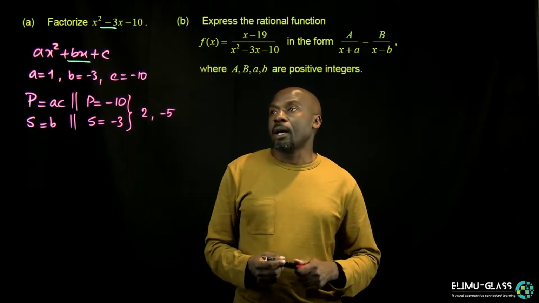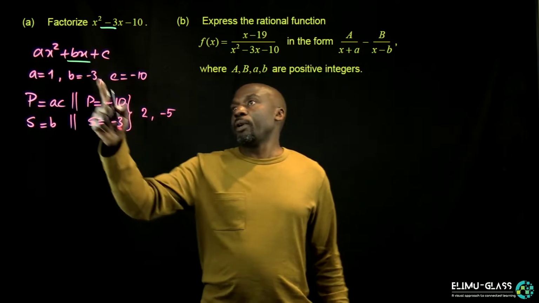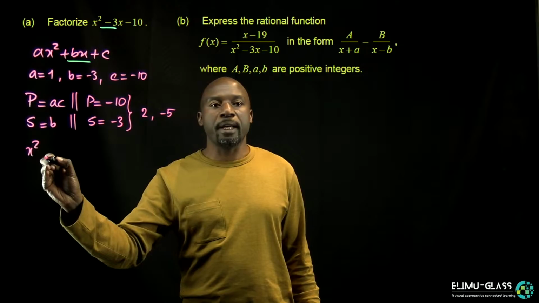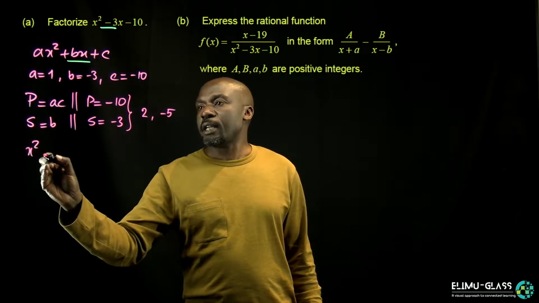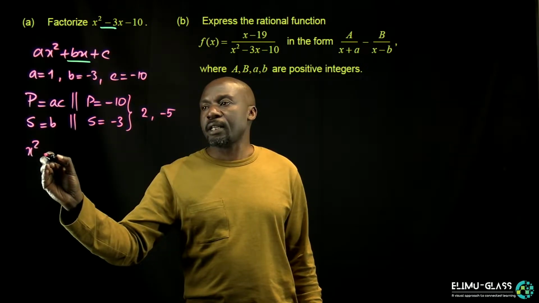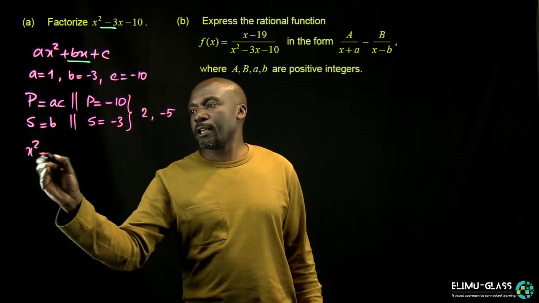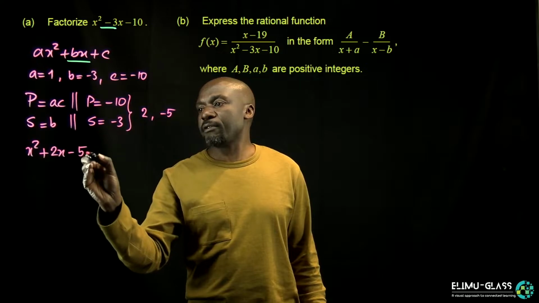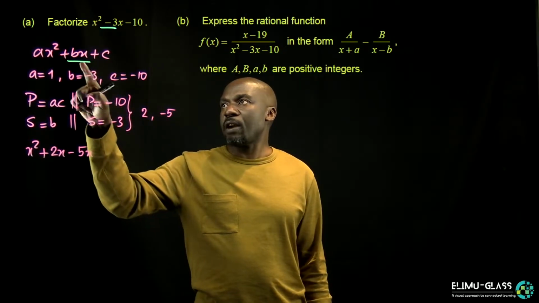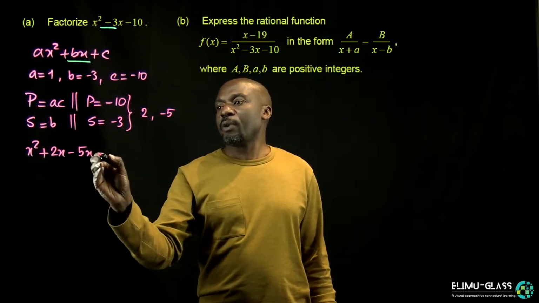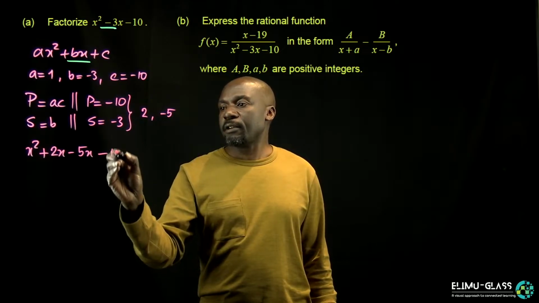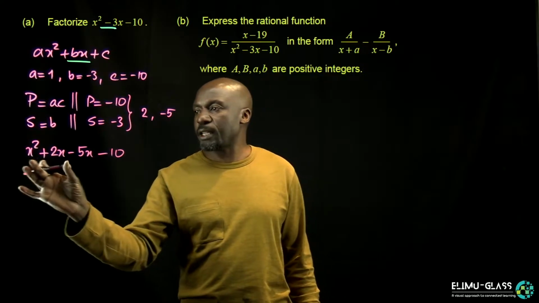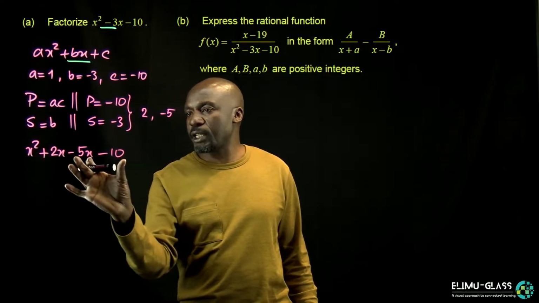So our quadratic expression becomes x squared, and instead of -3x, we will put plus 2x, and then -5x, and then we put our -10. This is equivalent to -3x, but we split it like this so that we can take 2 terms in turn and factorize.